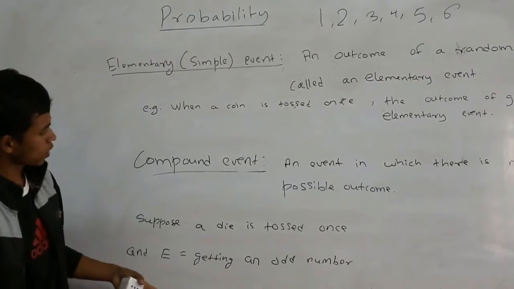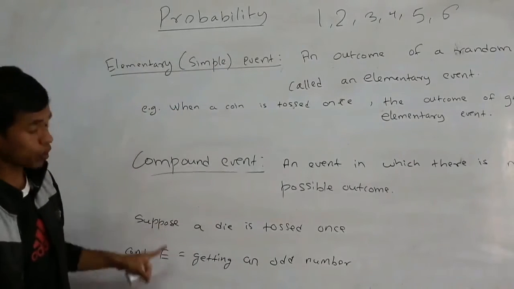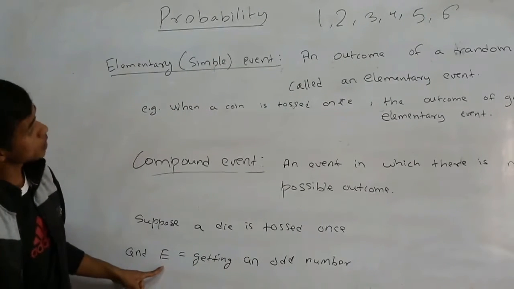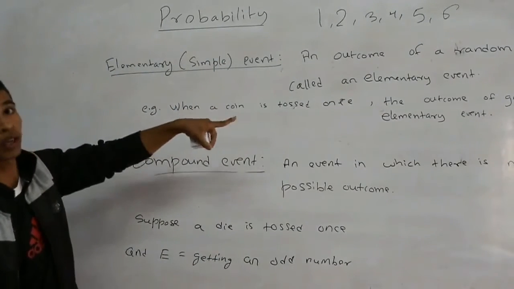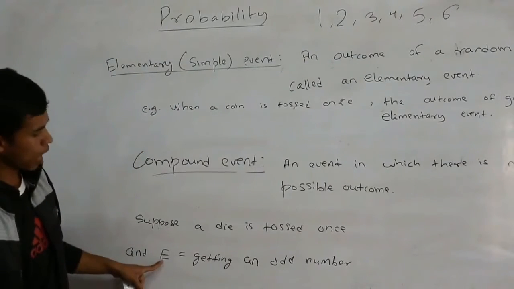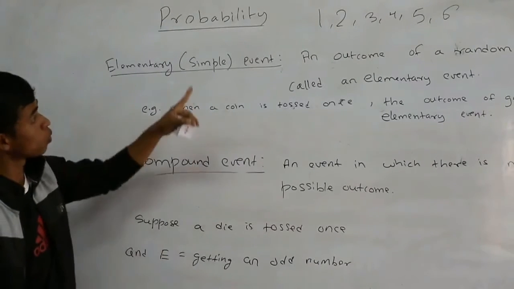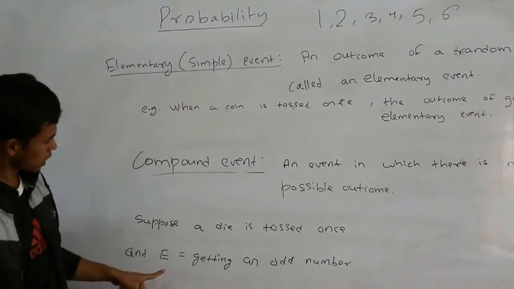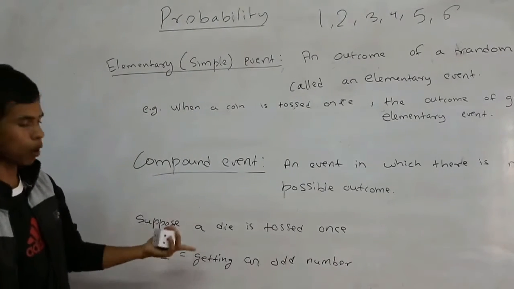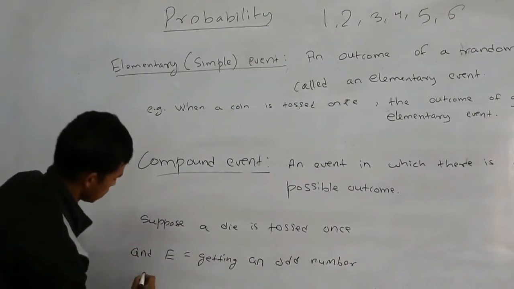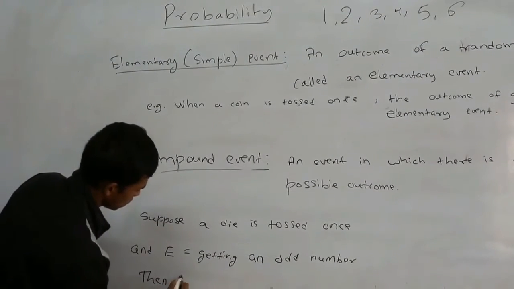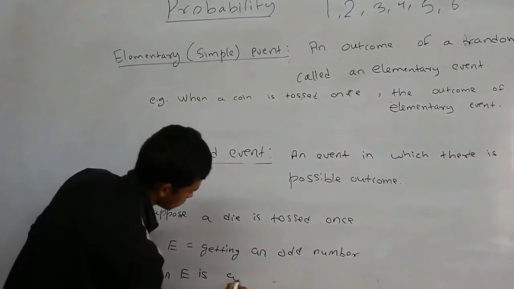Then what are the outcomes which will favor this event? It is either 1, 3 or 5. So this event has more than one possible outcome. So this type of event is a compound event. Then E is a compound event.